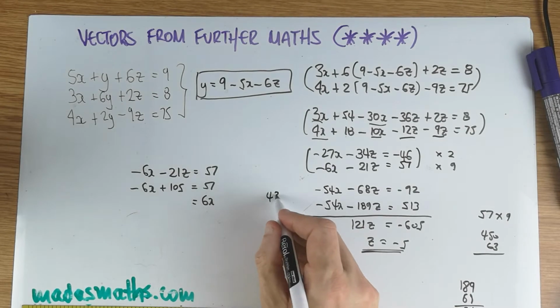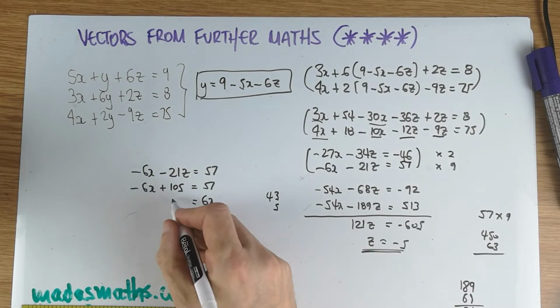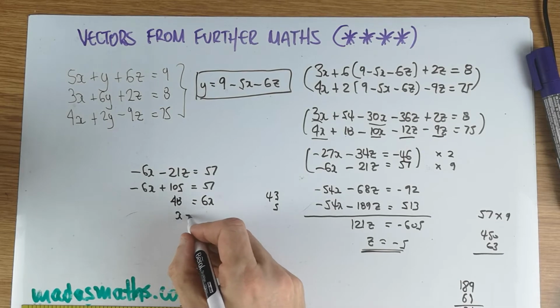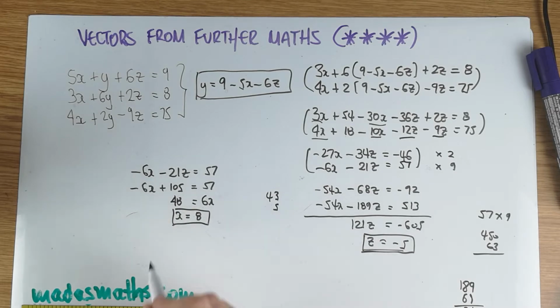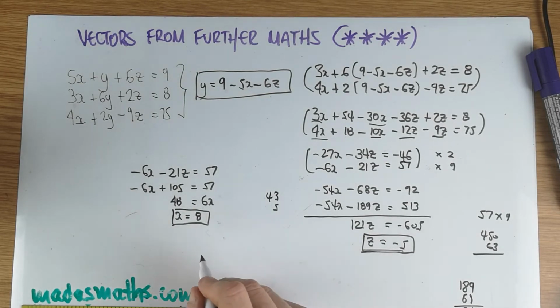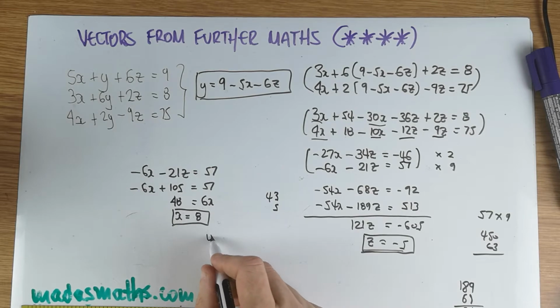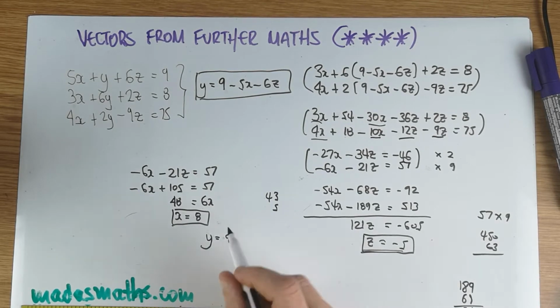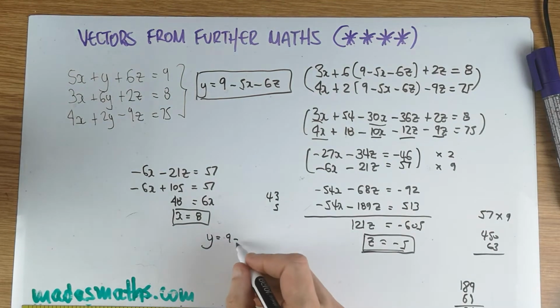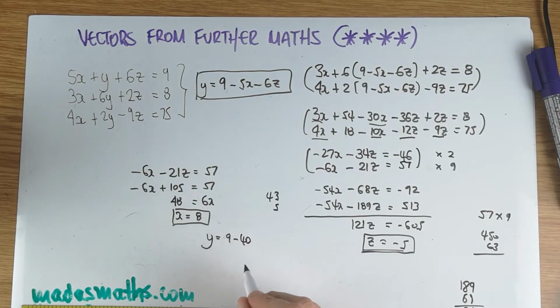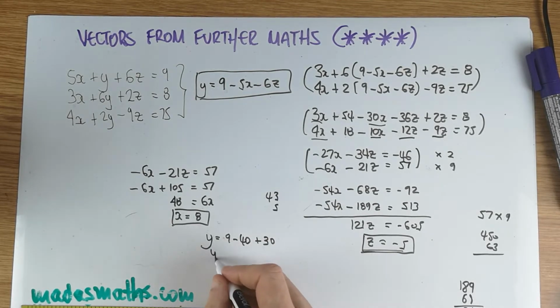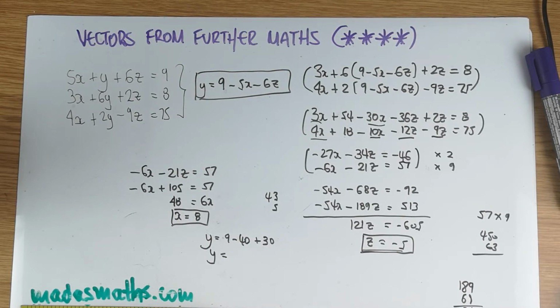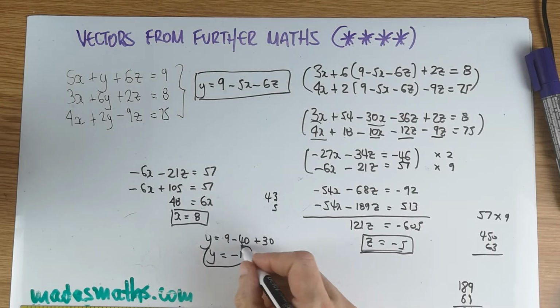From 105 take away 57 is 48, so x is equal to 8. So let's put these bits in there. x is equal to 8, and y is 9 minus 5 lots of x, which is 40, and 5 lots of z negative, which is going to be plus 25. So y will be equal to, in this particular case, minus 1. Okay.